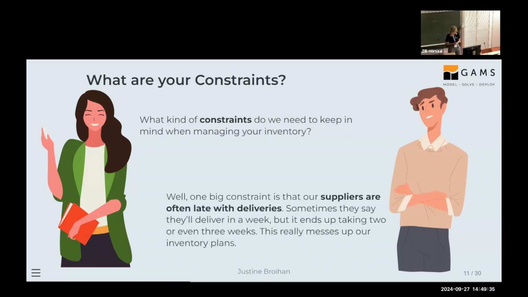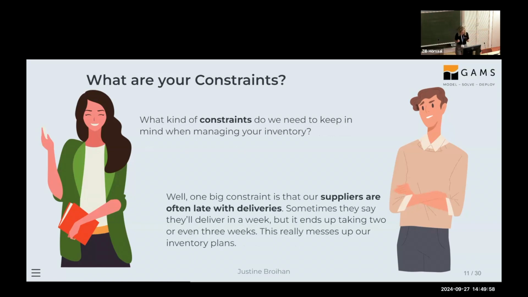The next step is to try to find out what the business rules are. And in our language, this is trying to find out what the constraints are. So she goes, "What kind of constraints do we need to keep in mind when we manage your inventory?" To us, this is a clear question. We will probably kind of know what we would want the client to tell.